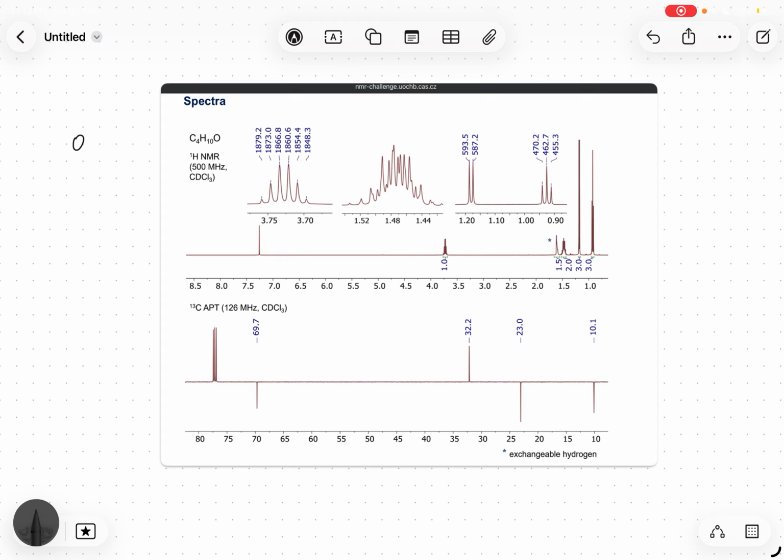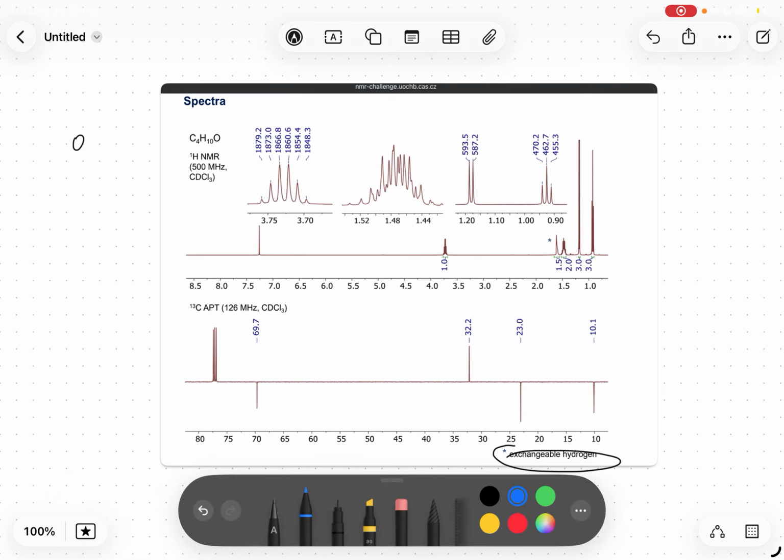So the second step to take, so that already limits our options to very few isomers. And so another thing that we notice upon first glance at this problem is that there are exchangeable hydrogens here.